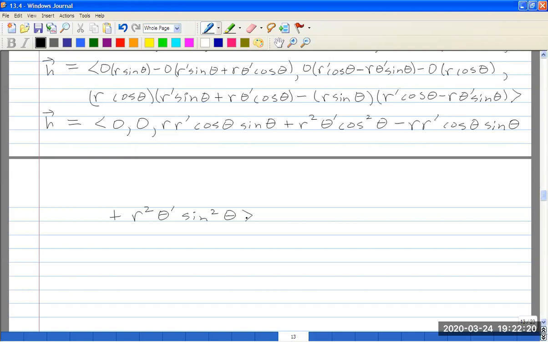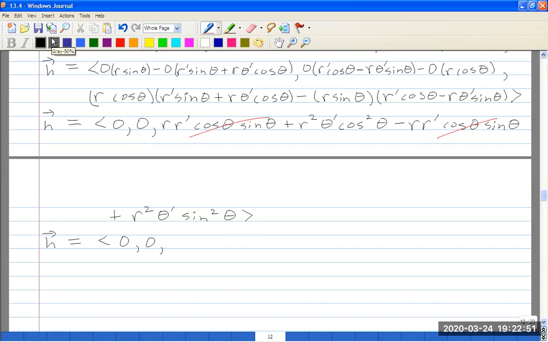Okay, so it'll become much shorter now. So h is equal to 0, 0. The R prime, cosine theta, sine theta, those cancel.